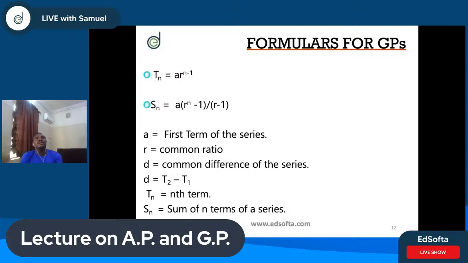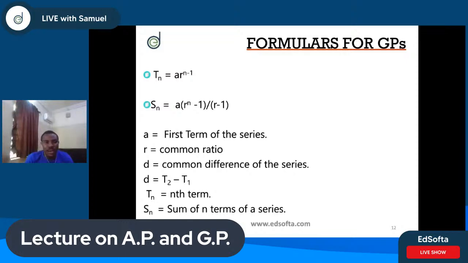You multiply 48 by 2 to give you 96, and so on. You keep going multiplying. Now that thing you are multiplying or dividing by to give you the next consecutive member is the common ratio. So in this place we use common ratios, whereas in the other place we use common differences.